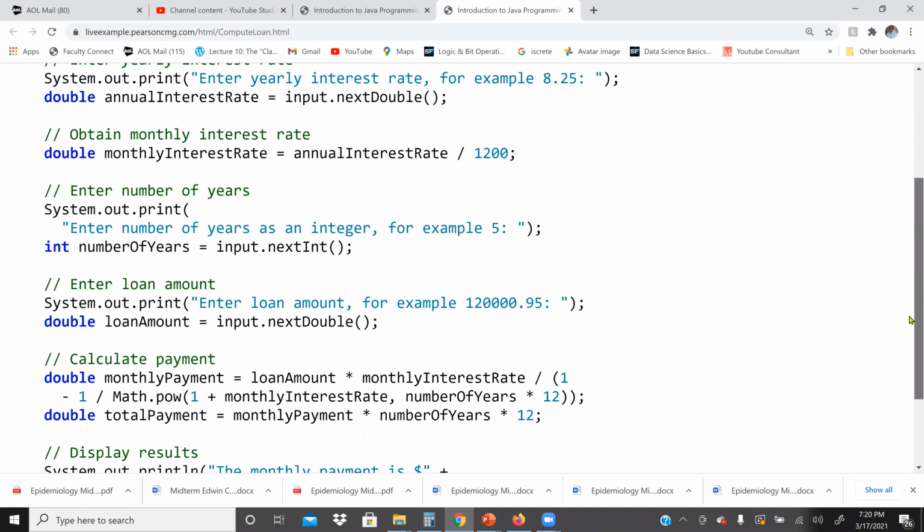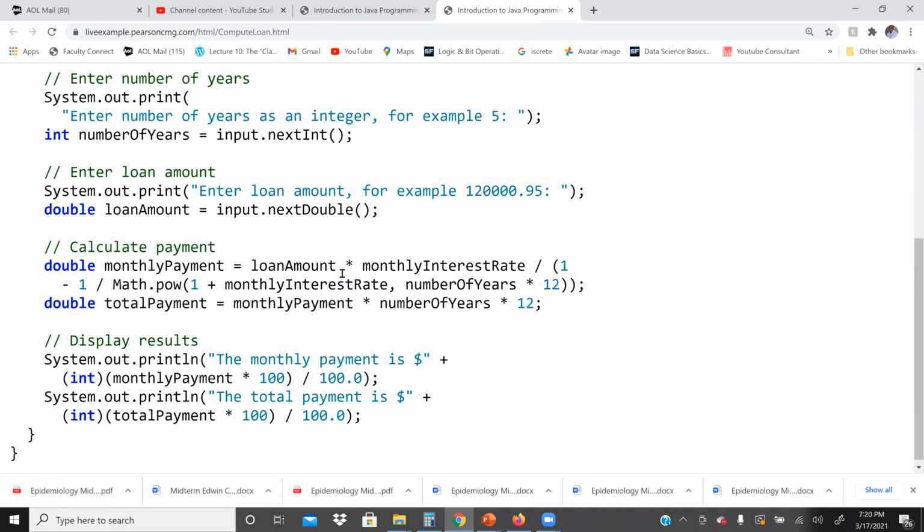Again, loan amount times monthly interest rate divided by 1 minus 1 divided by Math.pow(1 plus monthly interest rate, number of years times 12). This formula is what we already know in mathematics, so we convert it to Java.